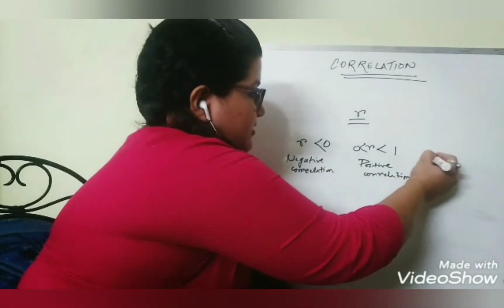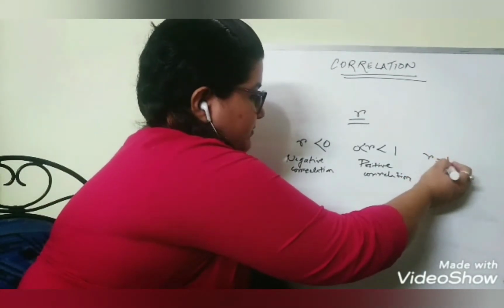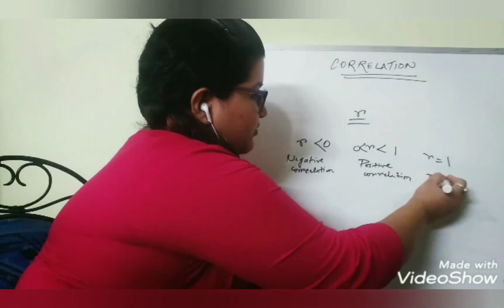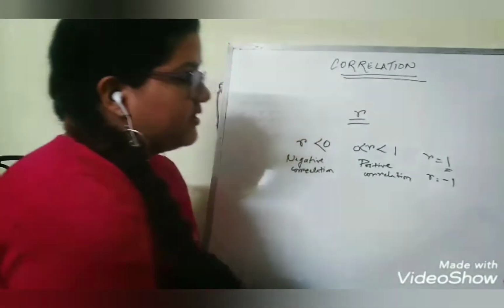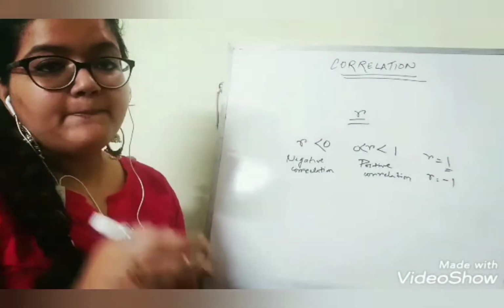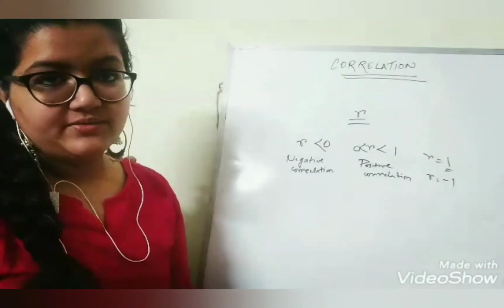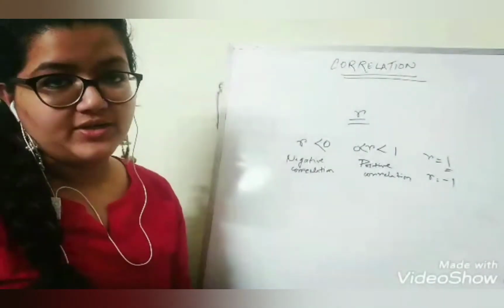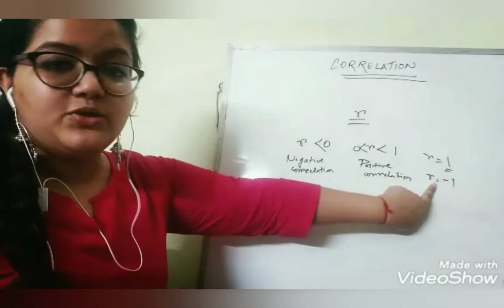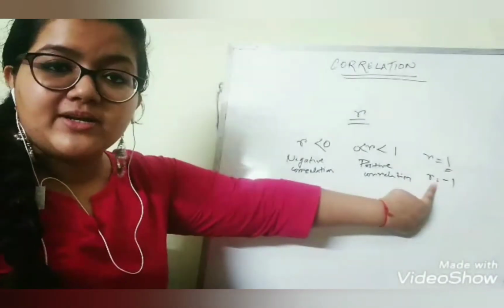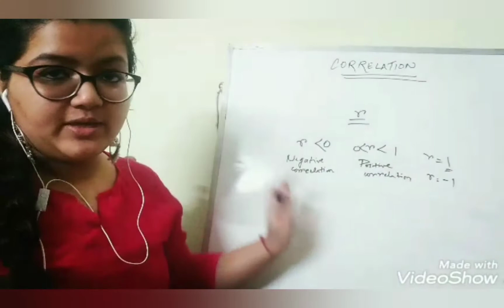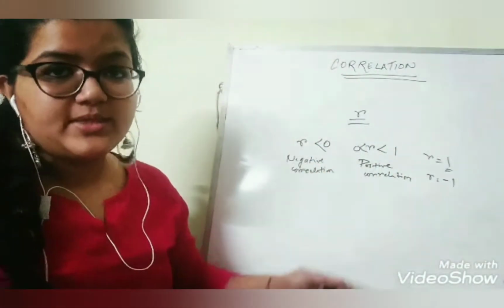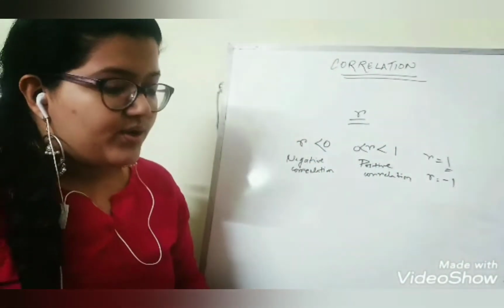If R is equal to 1, which is positive 1, then it is perfect positive correlation. And if R is equal to -1, it is perfectly negative correlation. So you have to keep these things in mind while doing the sums of correlation.